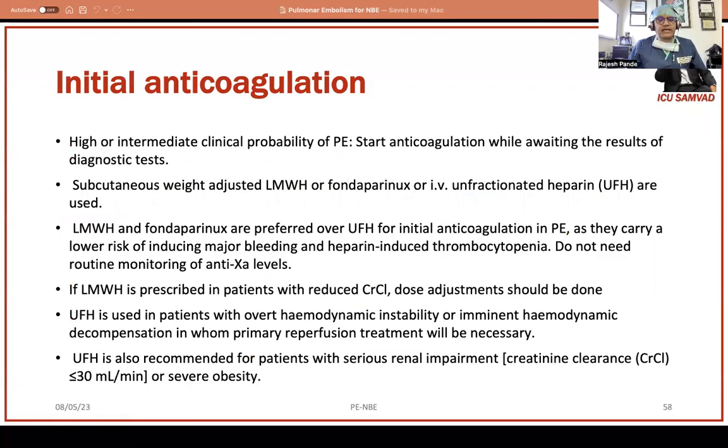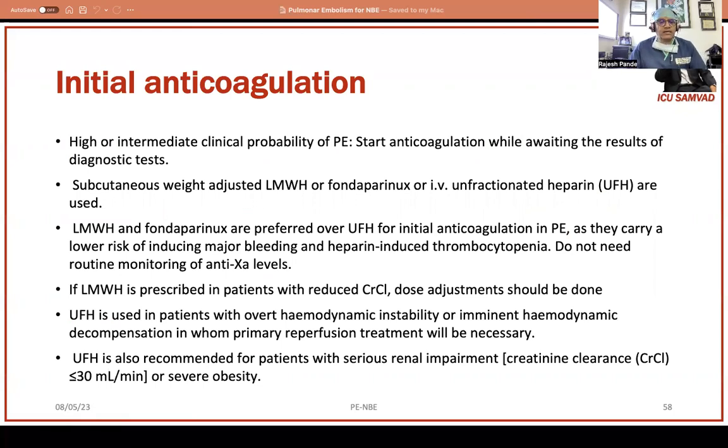Initial anticoagulation, like I said, subcutaneous weight-adjusted low molecular weight heparin or fondaparinux or IV unfractionated heparin. In situations generally where there is a kidney issue or AKI and you are going straight away for thrombolysis or any other procedure, then unfractionated heparin is generally used.